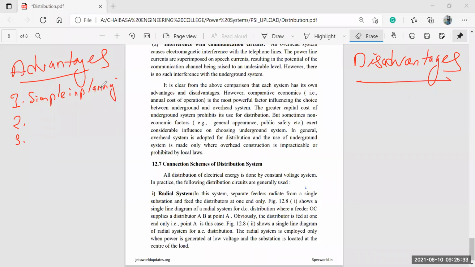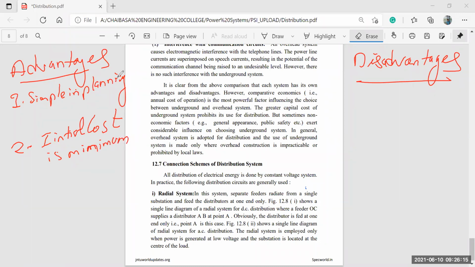Another advantage is low cost, what we call the initial cost. The initial cost is low or minimum.